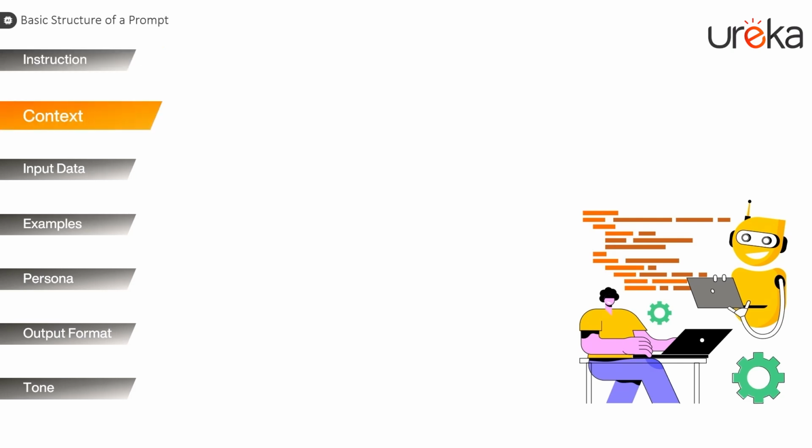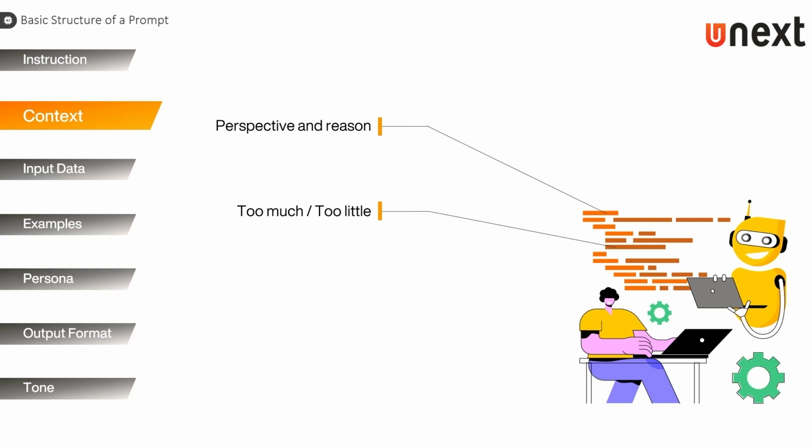Context. Context refers to the perspective and the reason behind the task to be performed. Giving context is quite tricky because on one hand, you don't want to overshare and confuse the AI, and on the other, you don't want to give too little and end up with a not so accurate answer. So you need to find a middle ground in this case.